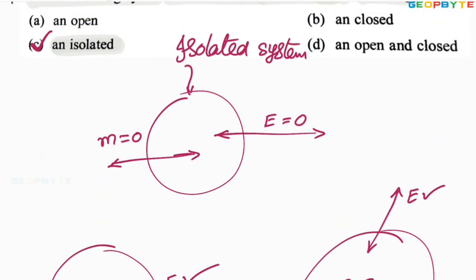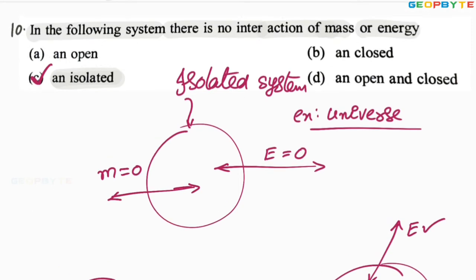For the isolated system, the example is the universe. In the universe, no mass is interacting. That means in the universe, total mass remains constant and energy remains constant. That means with respect to the universe boundary, no mass is interacting and no energy is interacting. I hope you got my point. So the answer for this problem is isolated system. Let us take another problem.